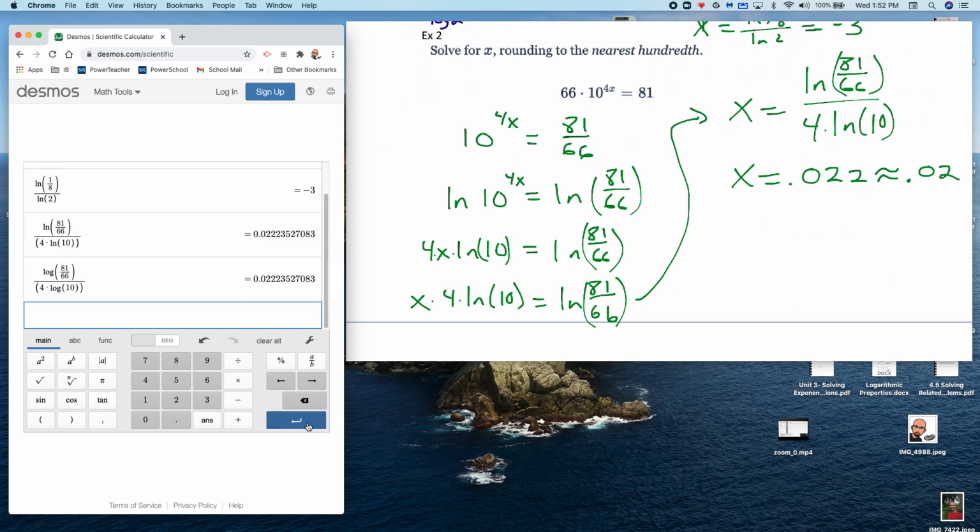Notice that those are the same values. So it didn't matter whether I used log or natural log. It's just algebra. Whatever I've done to one side, I do to the other.